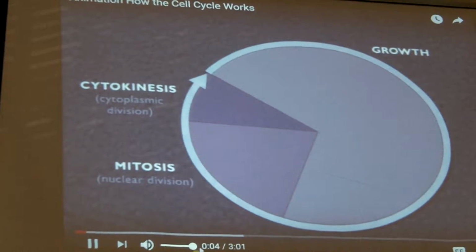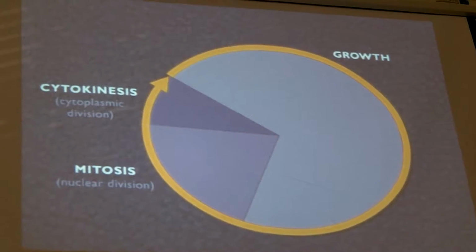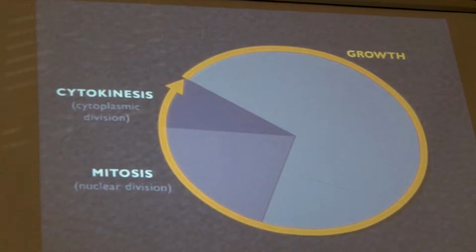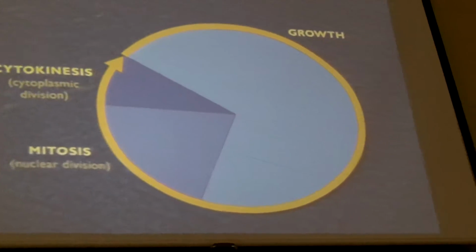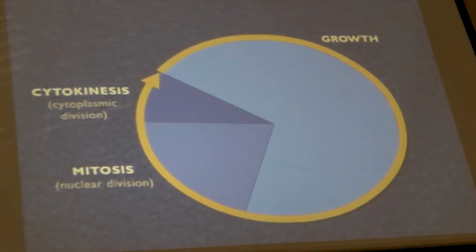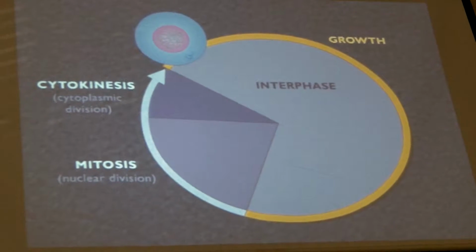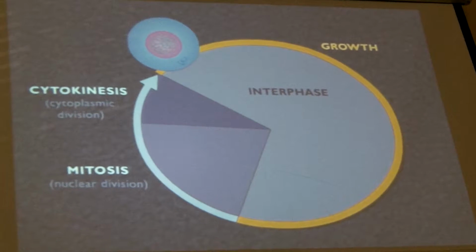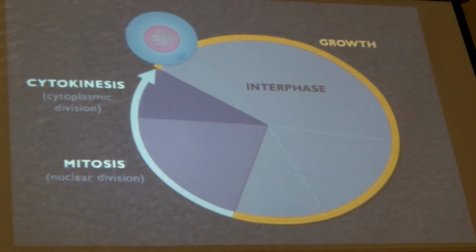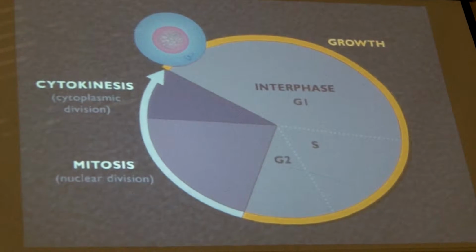Follow a process of growth and division called the cell cycle. These events include a growth stage, mitosis or nuclear division, and cytokinesis or division of the cytoplasm. Throughout interphase, the cell is engaged in growth and metabolic activities. Interphase can be further broken down into 3 discrete phases called G1, S, and G2.